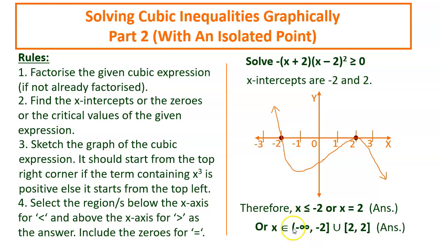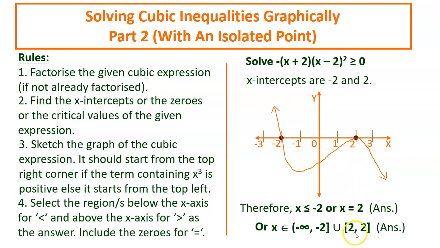Hence, we are having this parenthesis and up to negative 2. Negative 2 will be included within the solution set, so we are having the square bracket, or is denoted by this union sign in case of interval notation, or it is just this point x equals 2, but we have to write it in form of an interval.